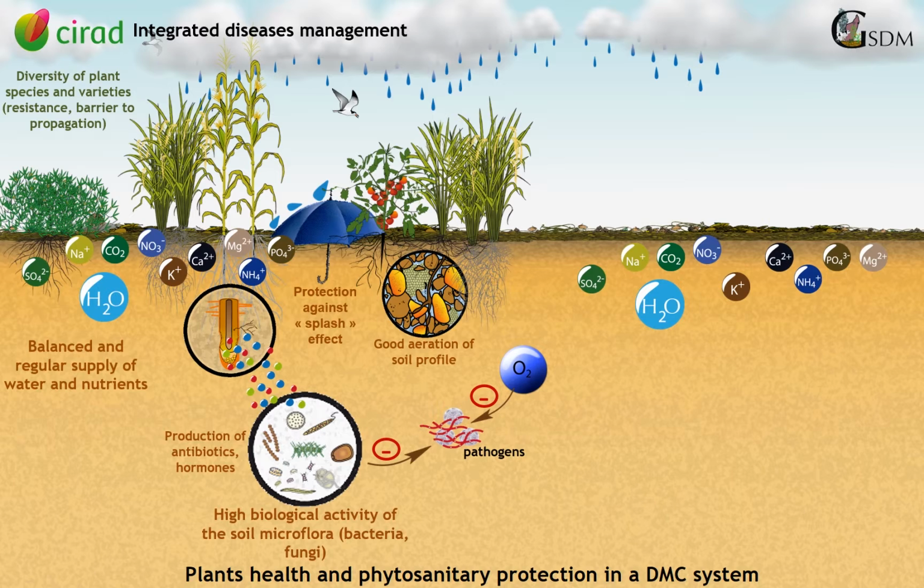Besides, overall conditions in DMC are favorable to the establishment of natural enemies of pests and allow an integrated pest management. Similarly to disease control, a good supply of water and nutrients increases resistance to pests.